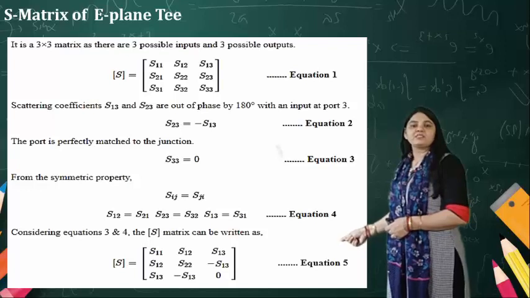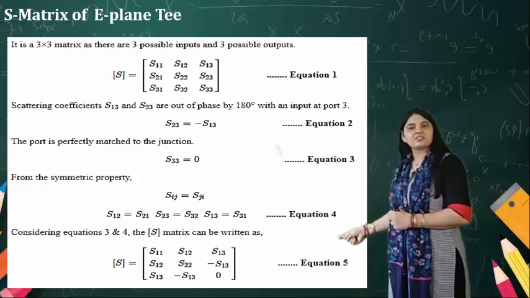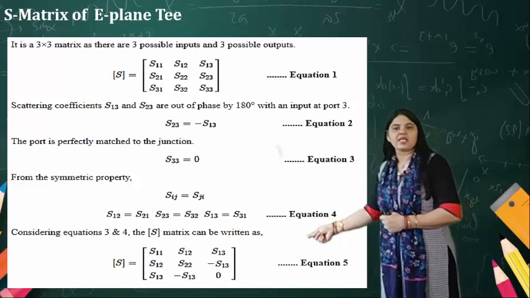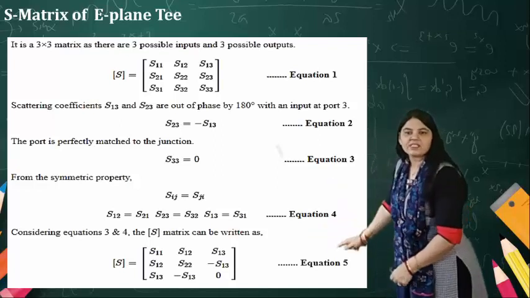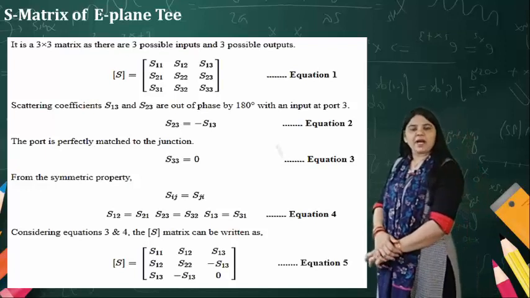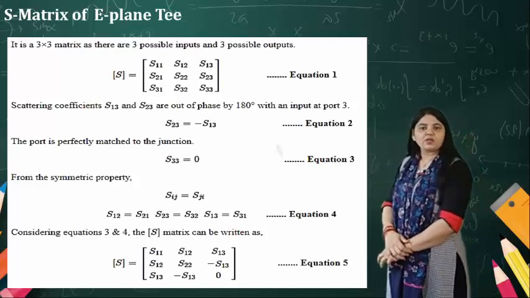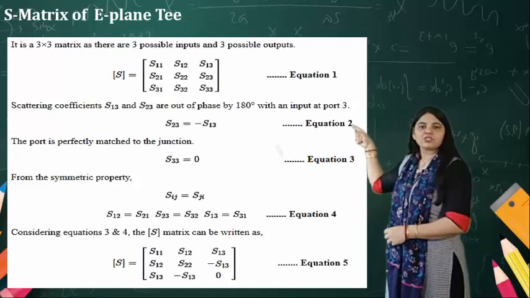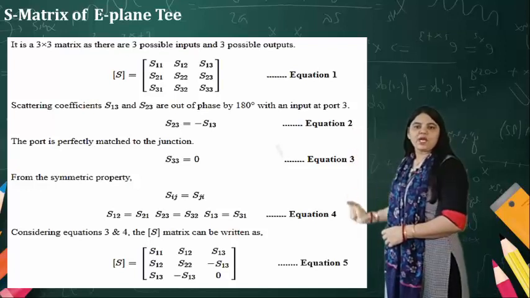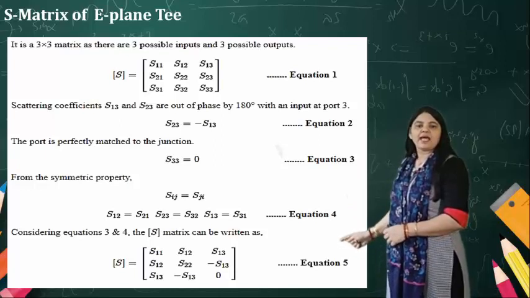Now in equation 5 we are putting all the values in the matrix. S11, S12, S13. What is S21? By the symmetry property, S21 is equal to S12, so here I have written S12 instead of S21. S22, and S23 according to equation 2 is minus S13, so we put minus S13.